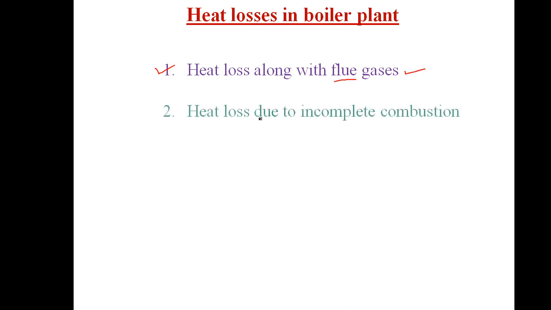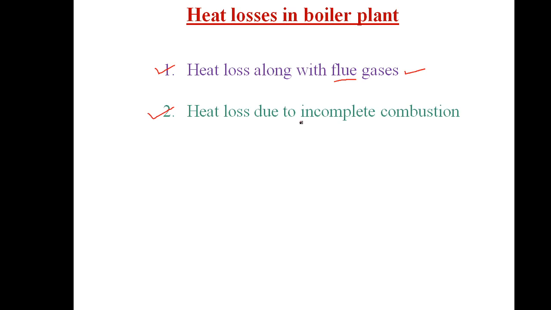And second is the heat loss due to incomplete combustion of fuel. When fuel is burned in the combustion chamber, if a sufficient quantity of air or oxygen is supplied for the combustion of fuel, then the complete heat energy will be liberated. Else, if partial combustion takes place, then only a partial amount of heat will be liberated.